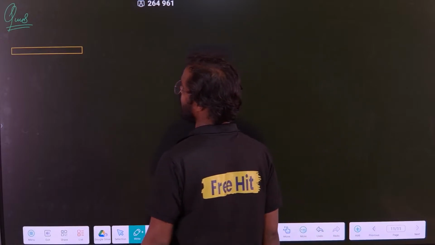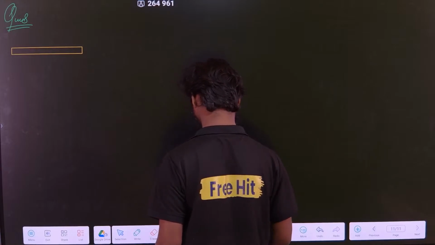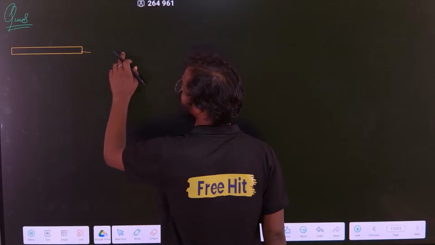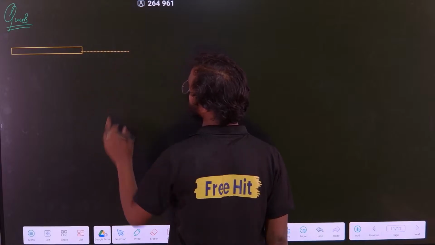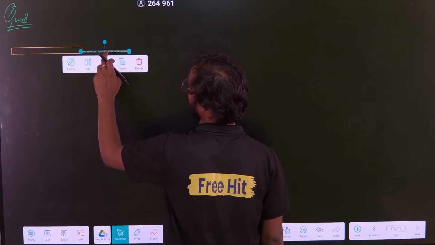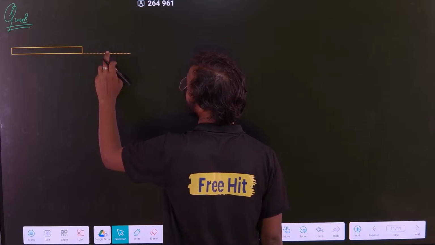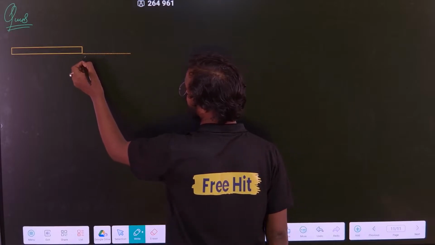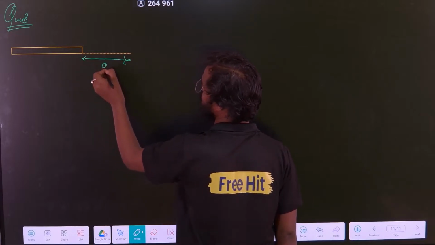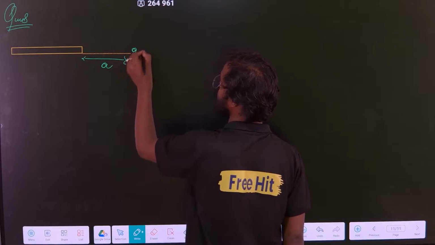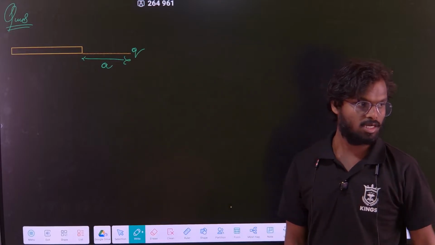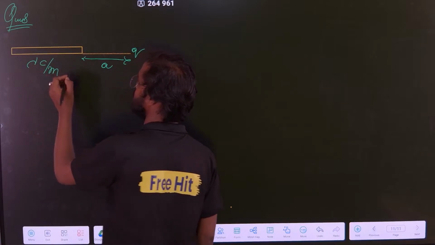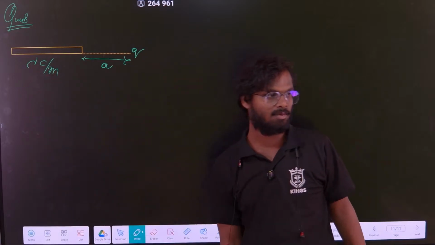And suppose the question is: at a distance of A from the rod, there is a charge Q, and the charge density on the rod is lambda coulomb per meter.